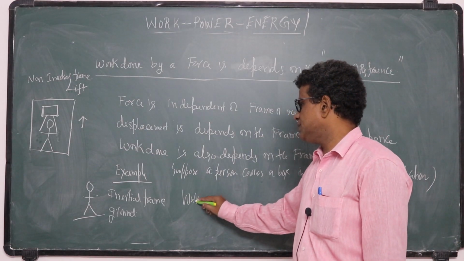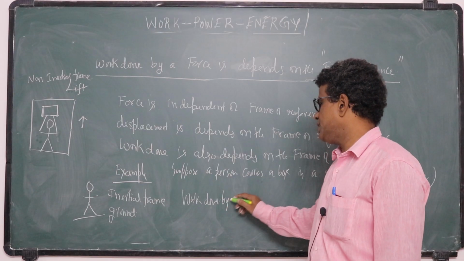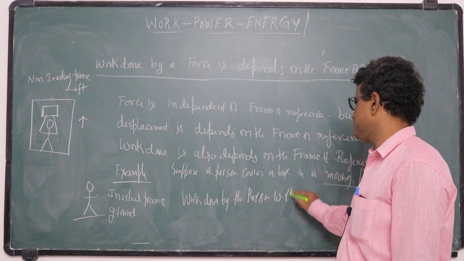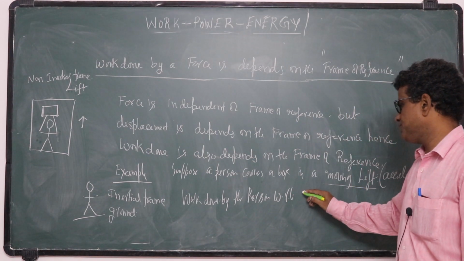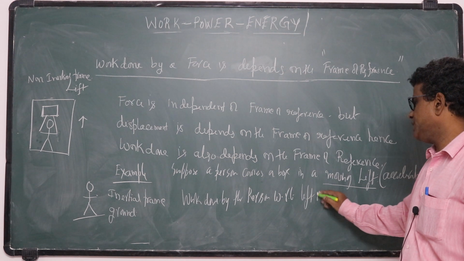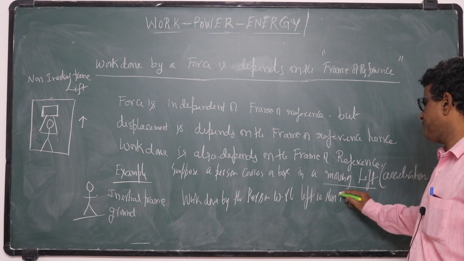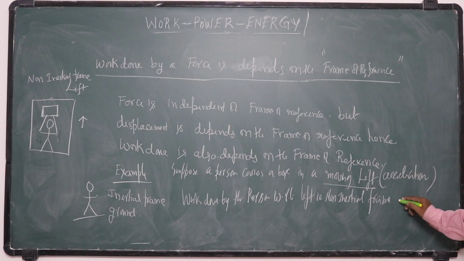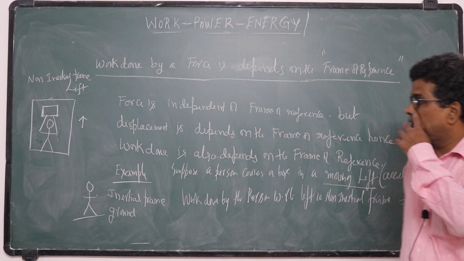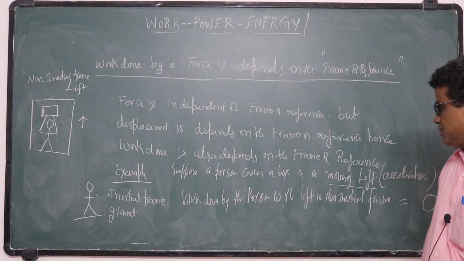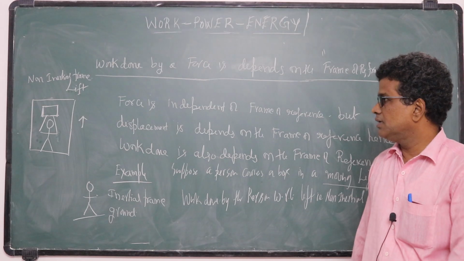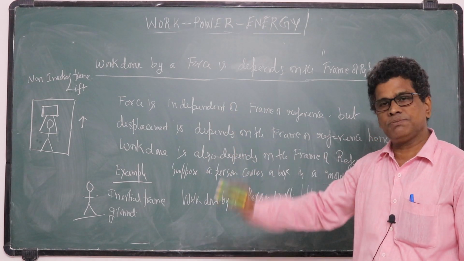Now work done by the person with respect to the lift, that is the non-inertial frame, is 0 because with respect to that lift it is at rest. So work done is 0 because work is force into displacement, and that box has 0 displacement with respect to the lift.